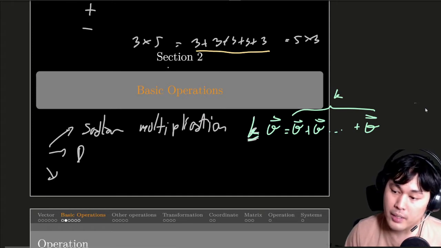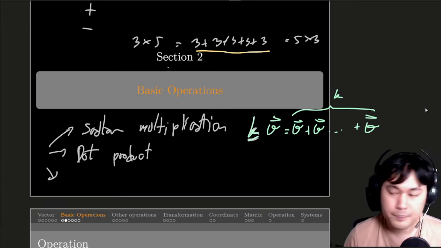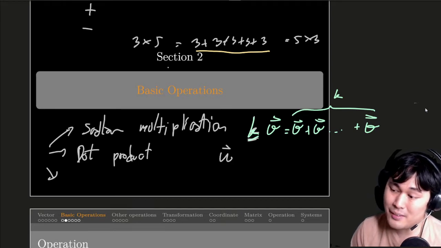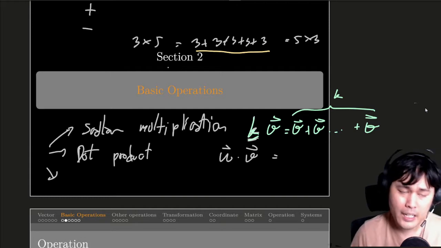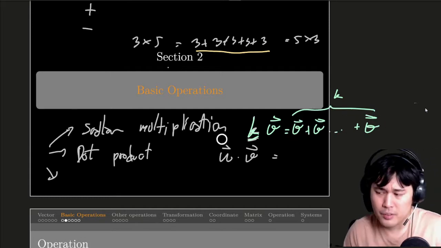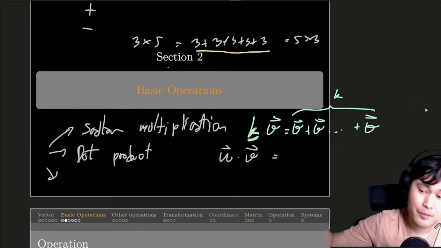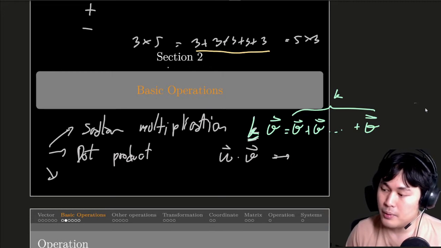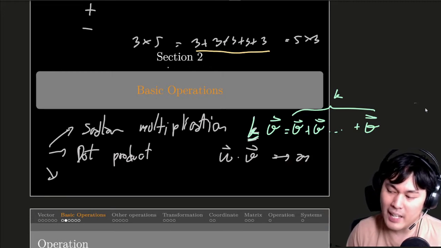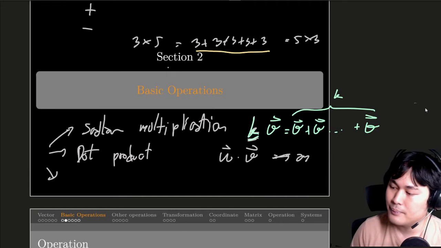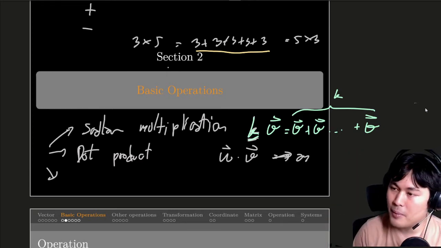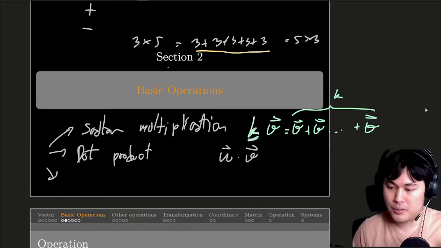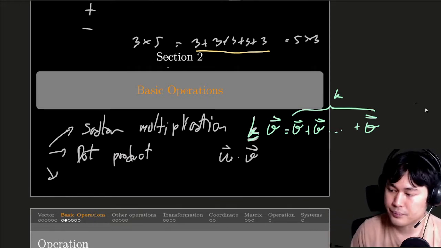Second, we have the dot product. And this multiplication doesn't give you this kind of result. It gives you something totally different. There are lots of applications of the dot product, and it just seems to be a nice way of combining 2 vectors to get a new number.